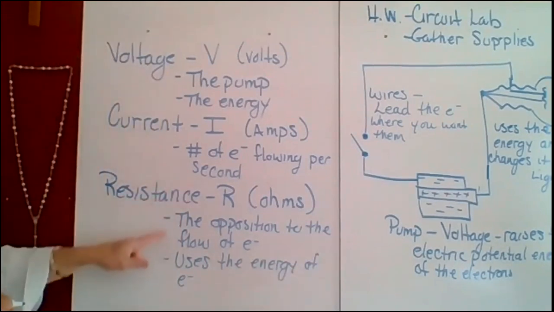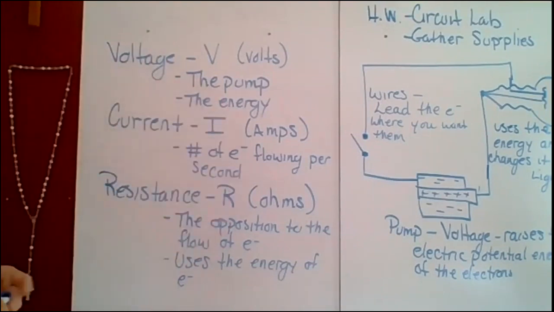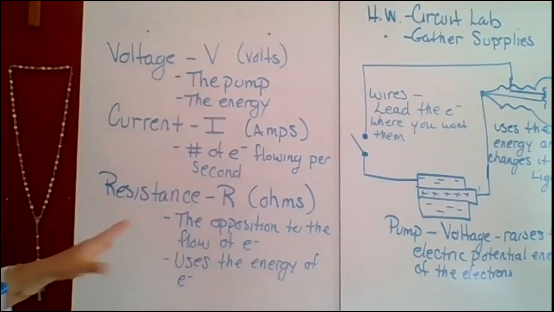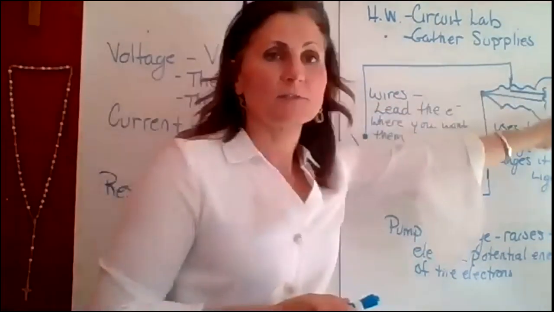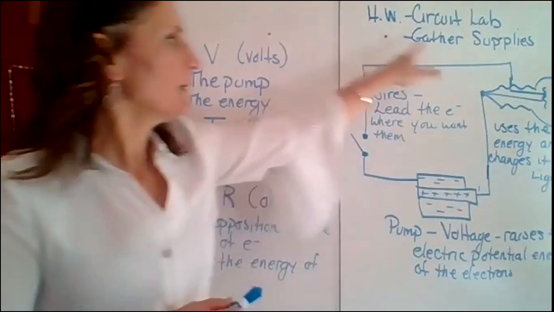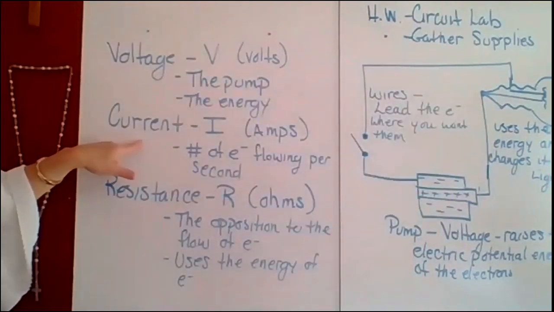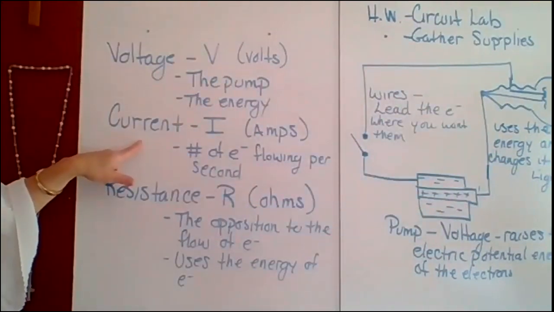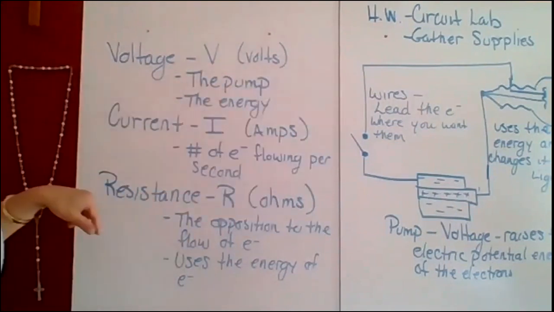Your resistance in the circuit is going to use up that energy that you are sending the electrons through. So over here, the resistance would be my light bulb. The voltage source, of course, would be the battery. The wires have no resistance, but they are carrying the current. So the current is flowing everywhere.